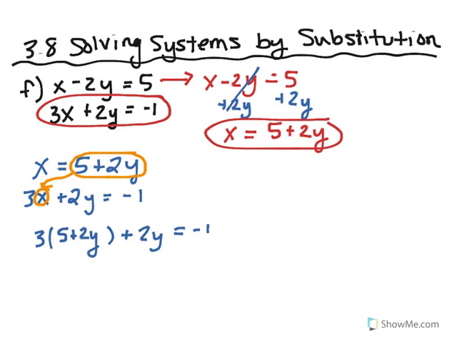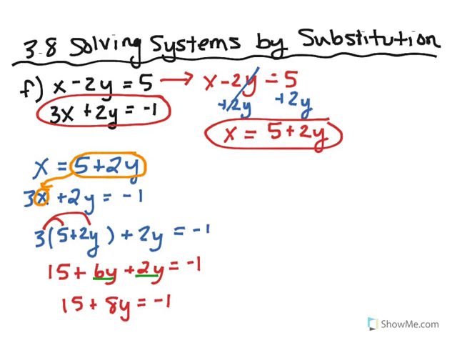From here, all I'm going to do is simplify and solve for y. So I'm going to distribute my 3, and I'm going to get 15 plus 6y plus 2y equals negative 1. Let's combine like terms on the same side and get 15 plus 8y equals negative 1.